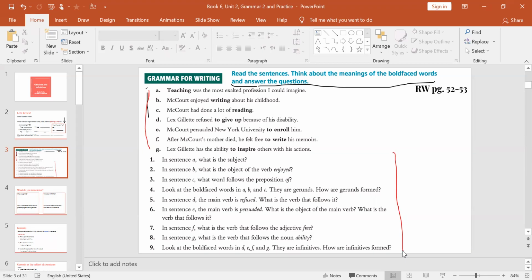I'll give you a couple of minutes to first read through A through G and focus your attention on the words in bold, the darker black print, and think about their meaning.